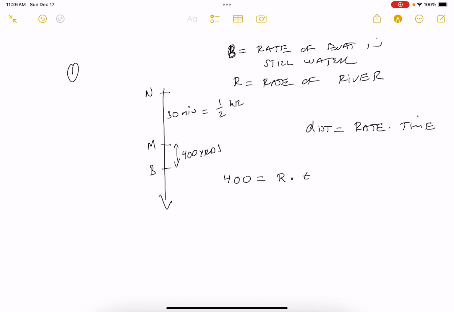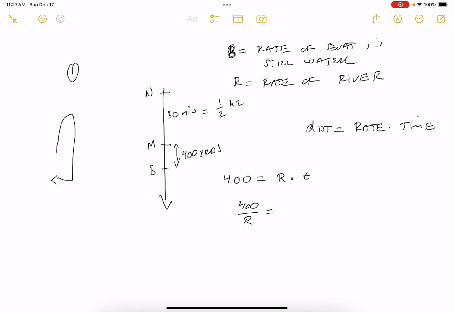I'll call it T. I don't know what that is yet. So I'm going to say the time it takes for the guy to go forward and back is 400 divided by R. And that's the total time, by the way. Now, what do I mean by that? He goes upstream and then comes backstream. So he's going upstream and comes backstream, and he gets his hat here. All right, that's the total time then.